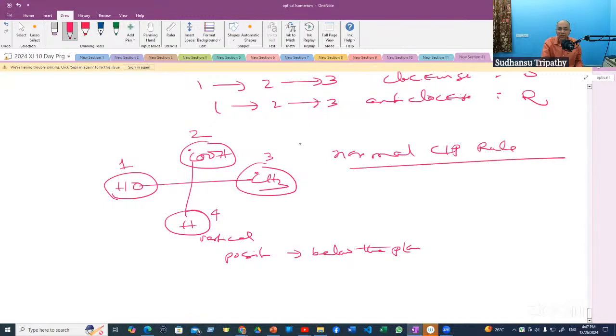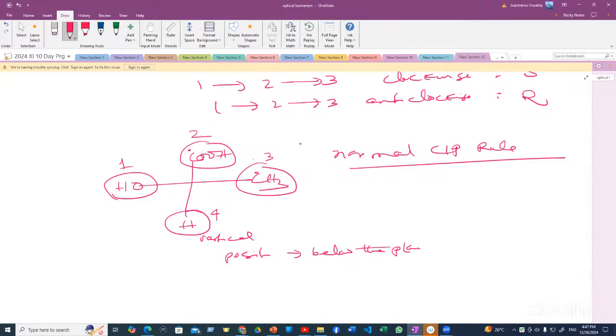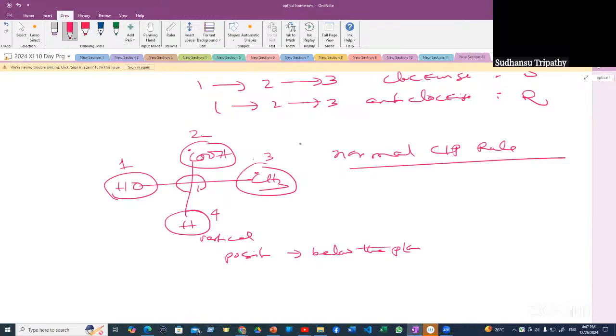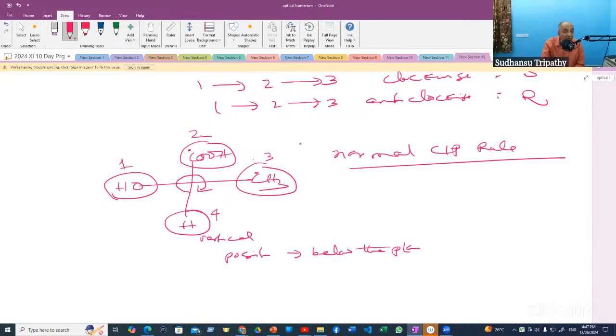So C1, then 2, then 3. How is your eye rotating? Sir, clockwise. So put a clockwise sign here. At the middle, you show a clockwise arrow mark and then write it is R. So this is R lactic acid. Unfortunately, or fortunately, this has been found to be L or minus.